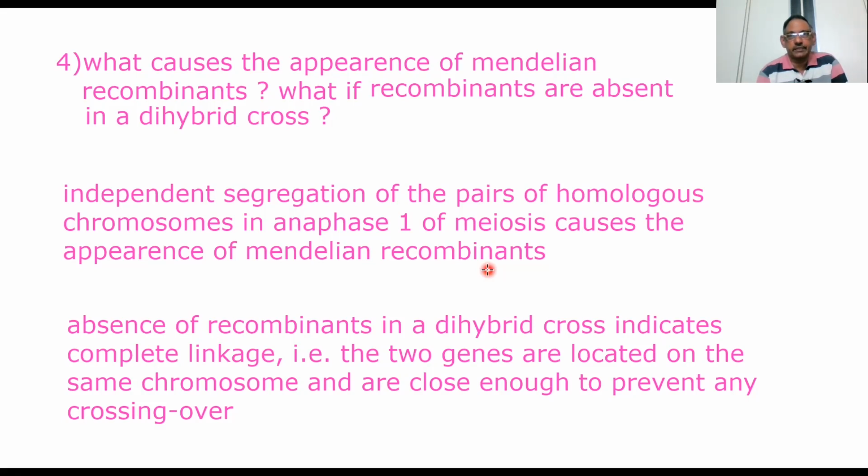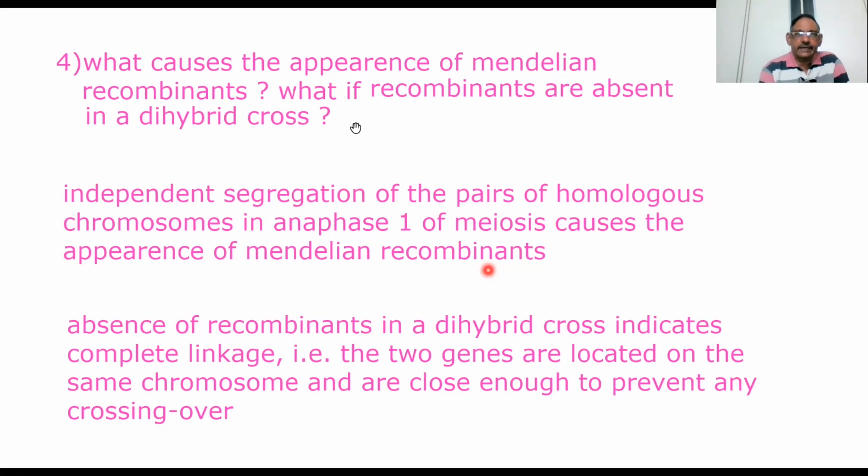The separation of one pair of homologous chromosomes is independent of the separation of another pair of homologous chromosomes. And this is called independent segregation. This independent segregation or disjunction occurs in anaphase 1 of meiosis. And this event which occurs in anaphase 1 is the cause for appearance of Mendelian recombinants.